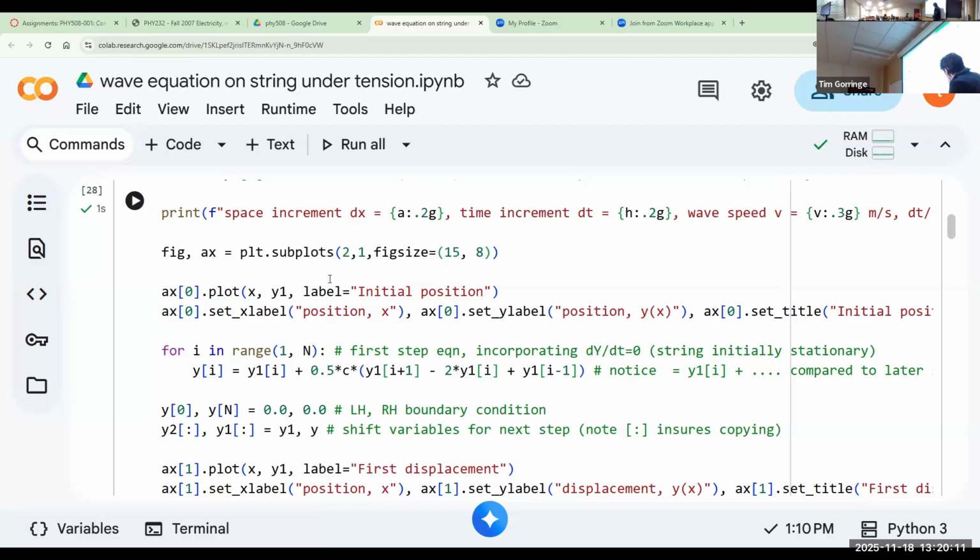And so this for loop here is a loop over the length of the string. And it's calculating this next moment in time for the position of the wave on the string based on the current and the initial conditions for the wave on the string. So this is the equation.